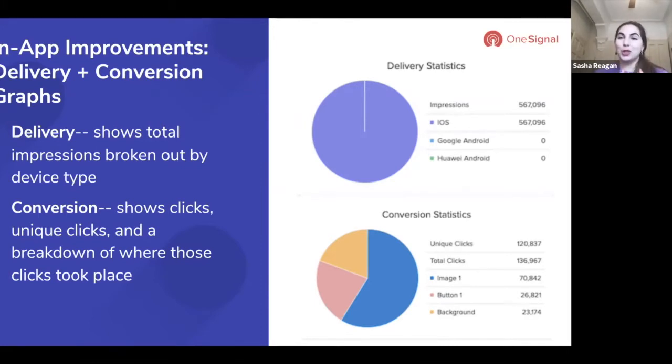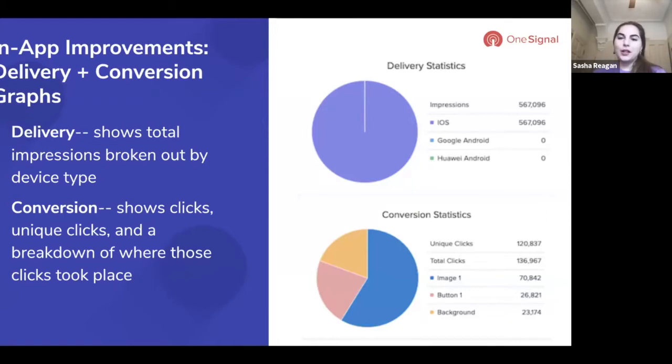The next one is a really exciting one, and this is one that we haven't used anywhere else in our product before, but it is actually a conversion graph. What that's going to do is not only show that total unique clicks and total click number, but it's going to break down where they clicked.